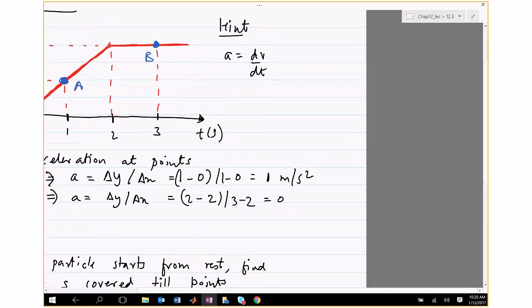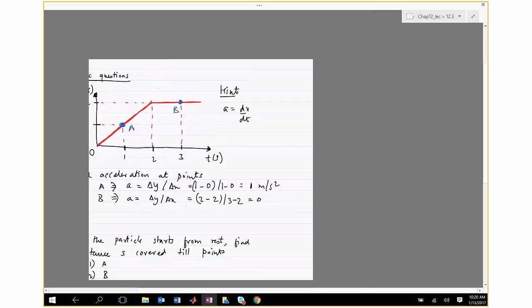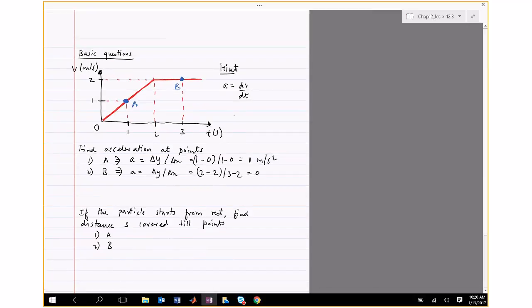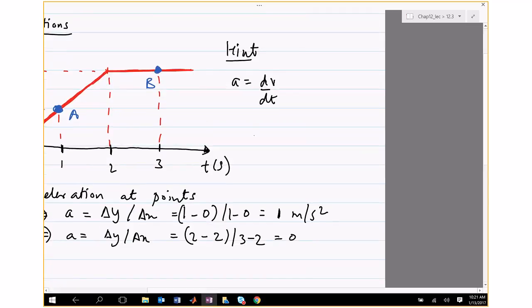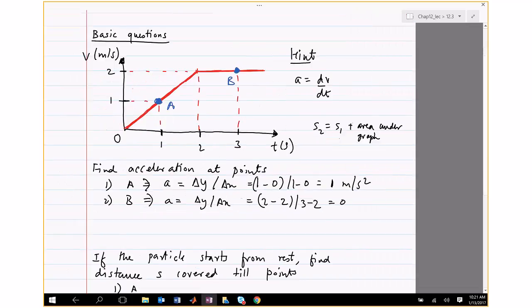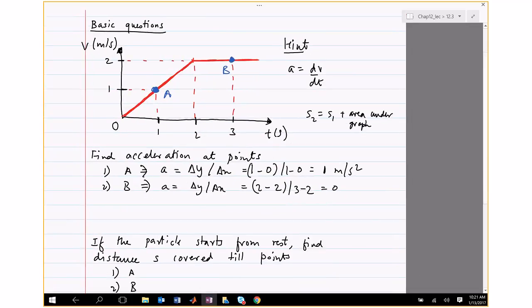The hint is what we wrote down earlier: S2 is S1 plus area under graph. So you could use this formula, area under the VT graph, right?